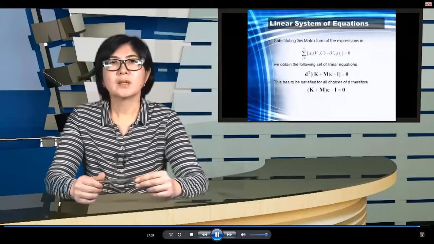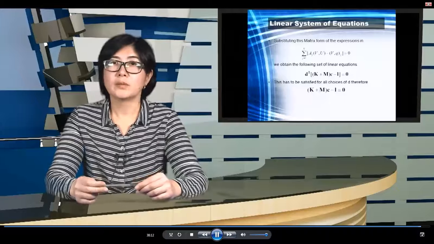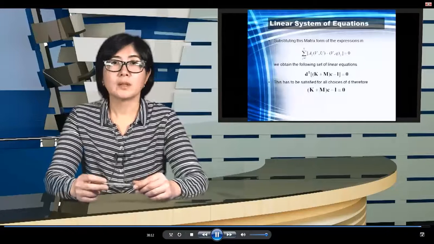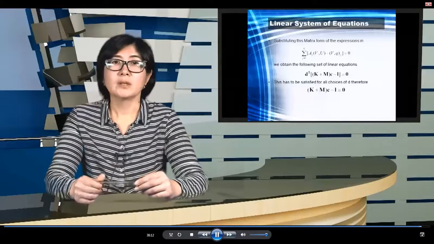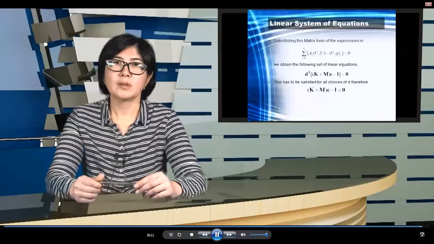This last matrix equation represents the linear system of equations which has to be solved in order to get the coefficients for the approximate solution U.